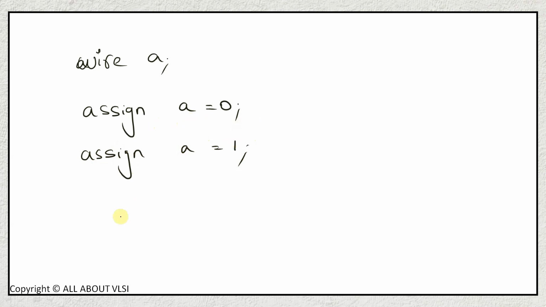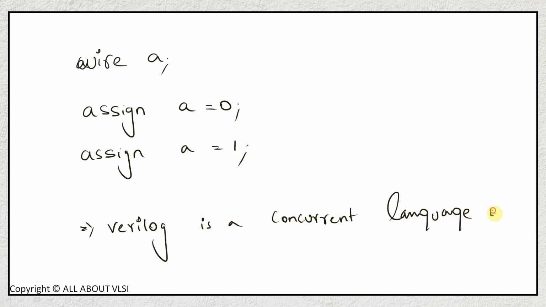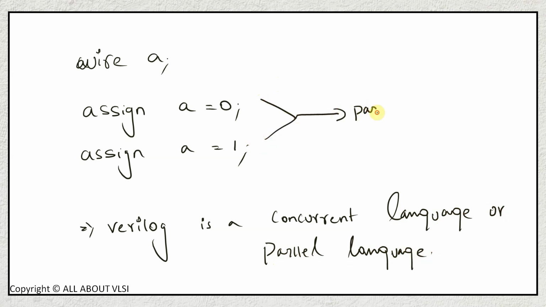Verilog is a concurrent, or parallel, language. Parallel execution will be taking place. That is, these two assign blocks will run parallelly, making the assignments from the right hand side to the left hand side parallelly.